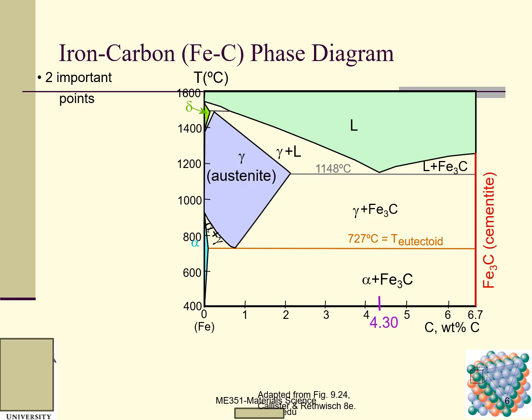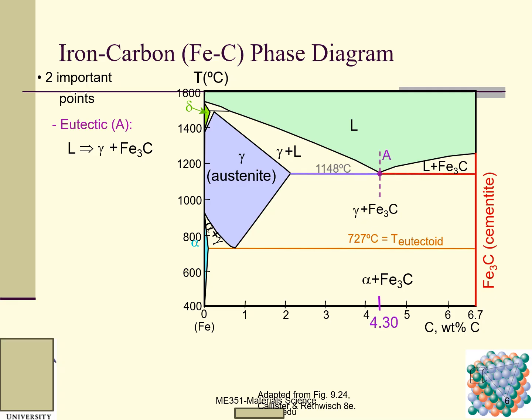And what about this point here? If we lower the temperature, the material transforms from the liquid phase to gamma plus Fe3C cementite.